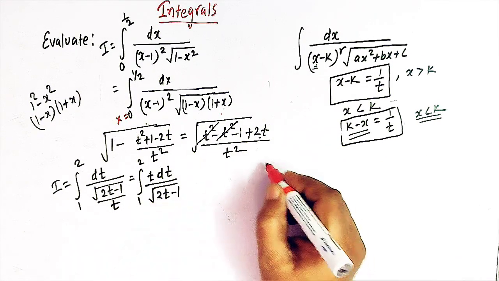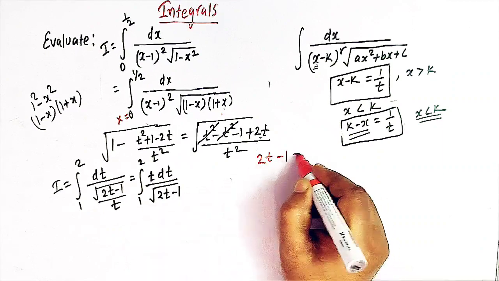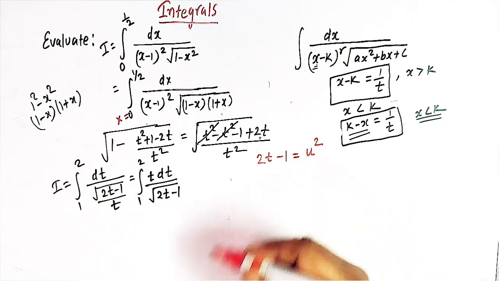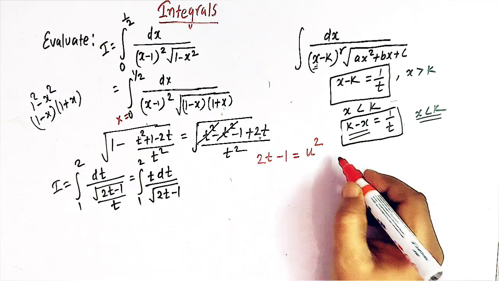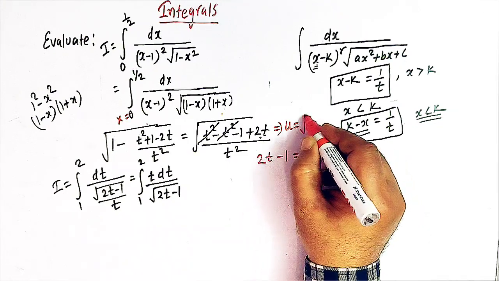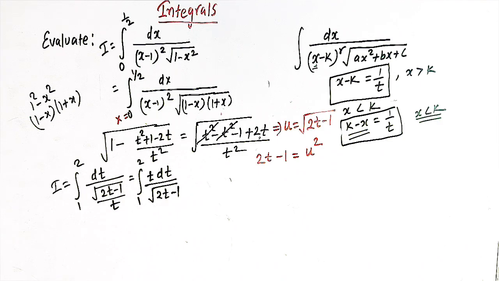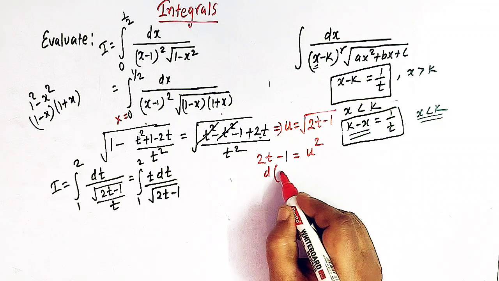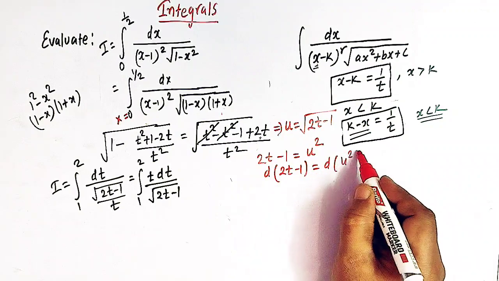So now let us take 2t minus 1 is equal to say u square. So here we are introducing a new variable. So u square may be taken as 2t minus 1, which implies that u is equal to square root of 2t minus 1. So now differentiating both sides, so we have d of (2t minus 1), here we have d of u square, right?